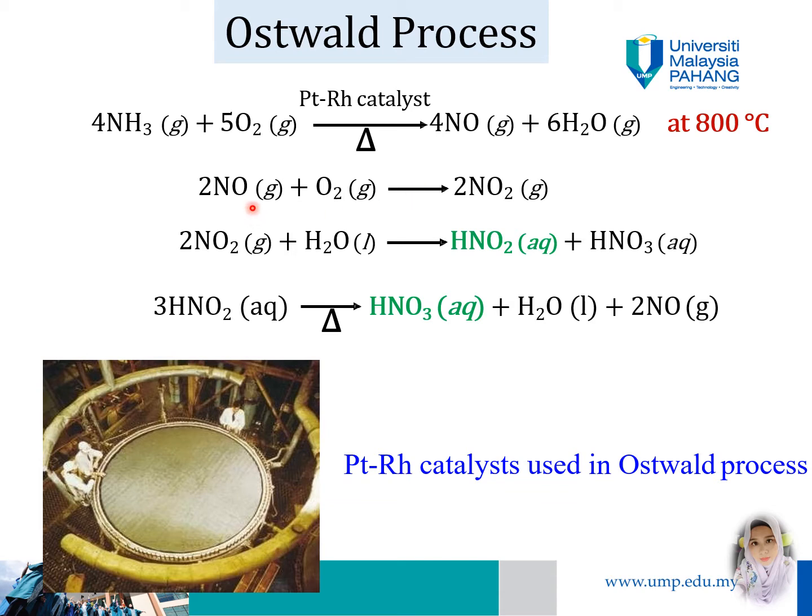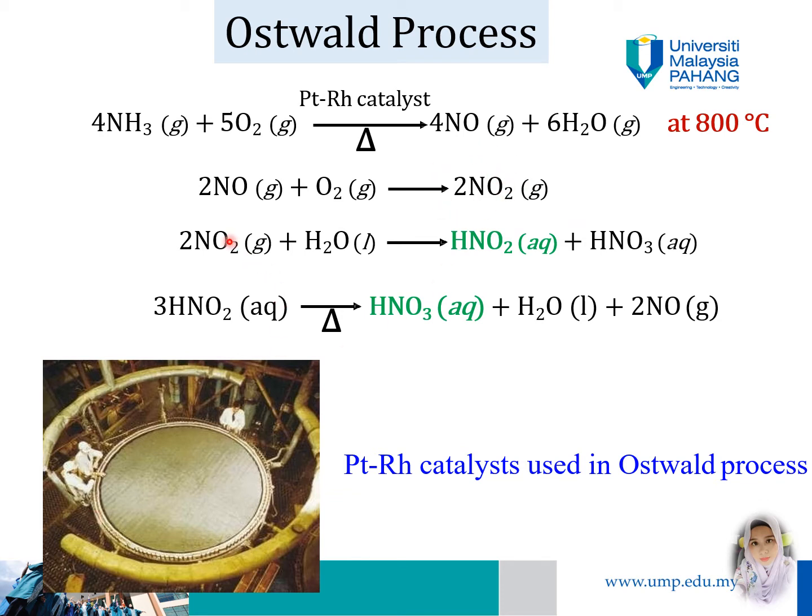The nitrogen oxide obtained by the oxidation of ammonia is very hot. So in order to reduce its temperature, it is passed through a heat exchanger, where the temperature of the nitrogen oxide is reduced to 150 degrees Celsius. And then after cooling, the nitrogen oxide is transferred to another oxidizing tower at about 50 degrees Celsius and it is oxidized to nitrogen dioxide.